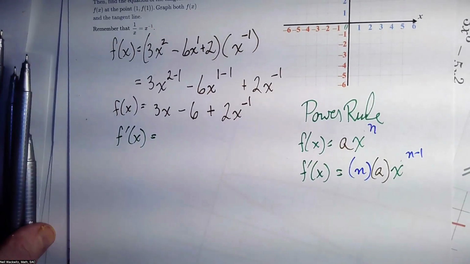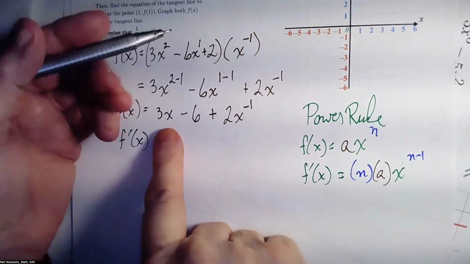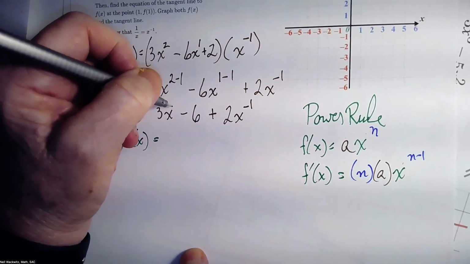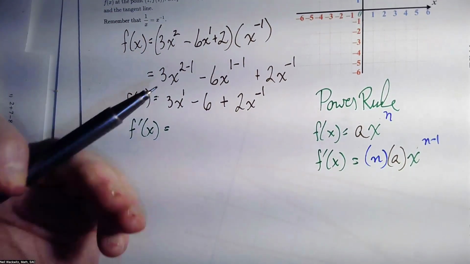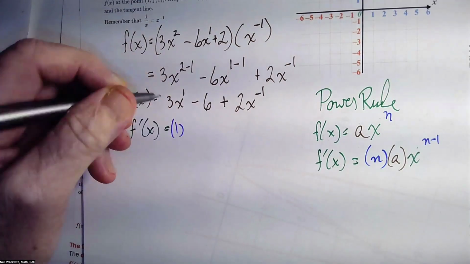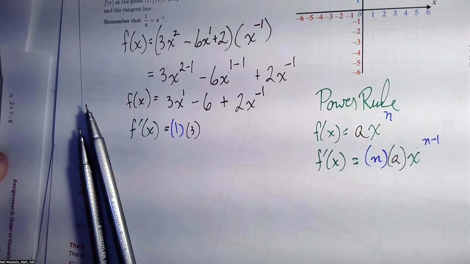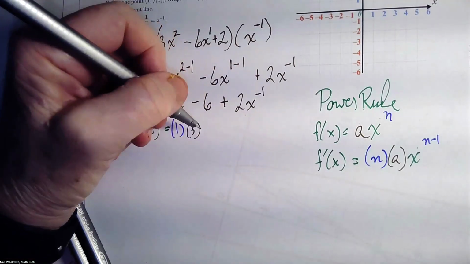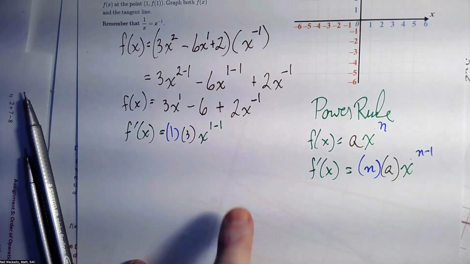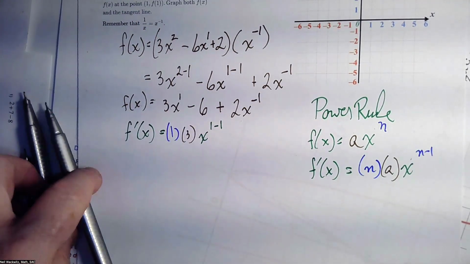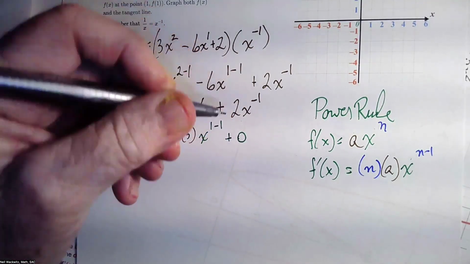And let's go through and mark exponents here. This is 3x to the 1. So the exponent here is 1. The coefficient is 3. And we're left with x to the 1 minus 1. The next term is a constant, so that will have a derivative of 0.